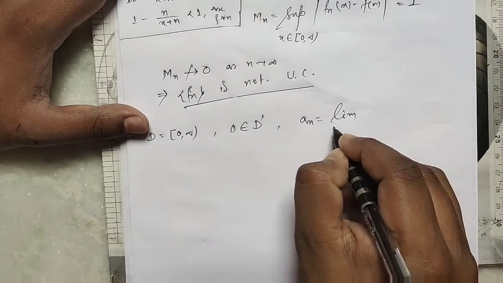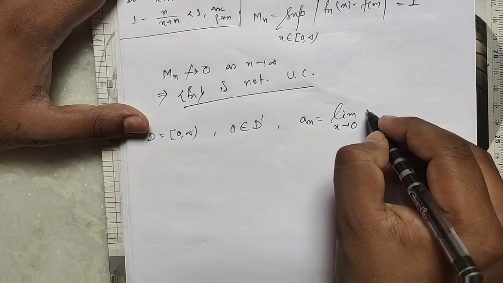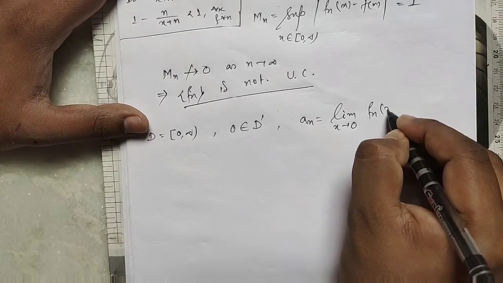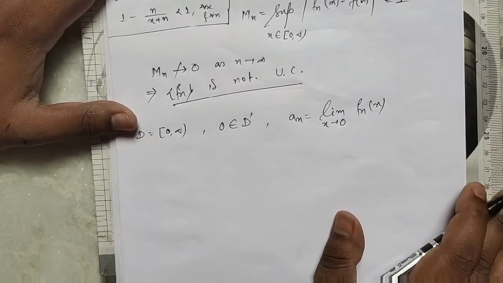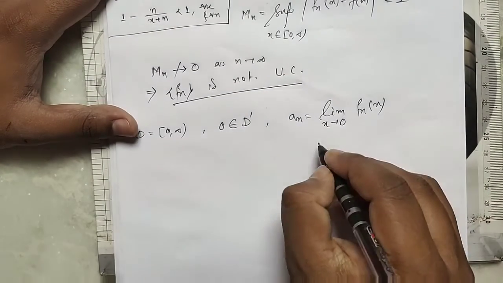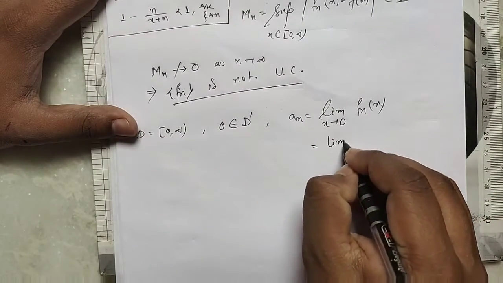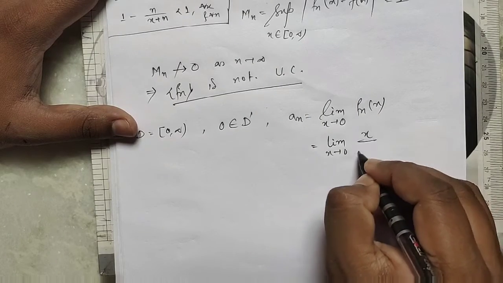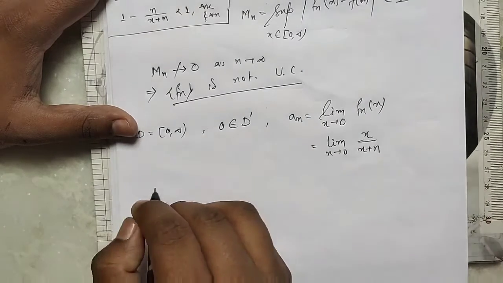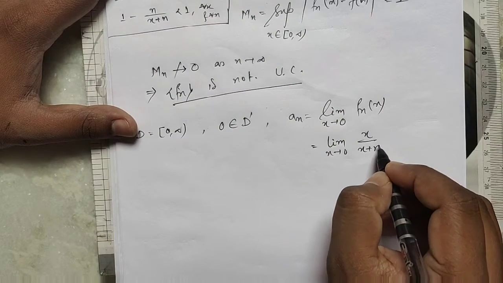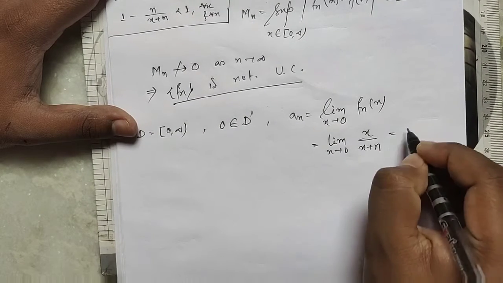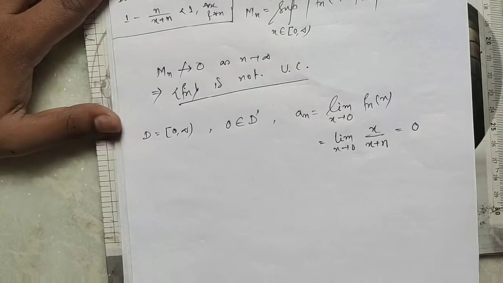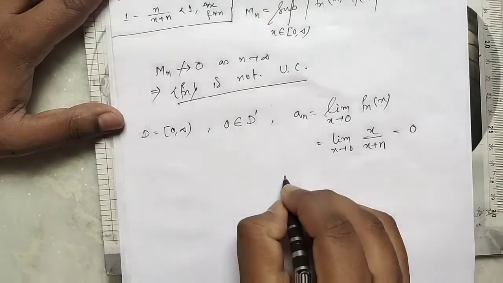Our an is the limit as x tends to 0 of fn(x). So this is equal to the limit as x tends to 0 of x by x plus n. Since n is a natural number, the limit must be 0. So an is 0.